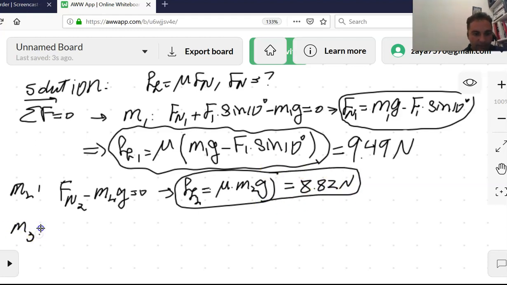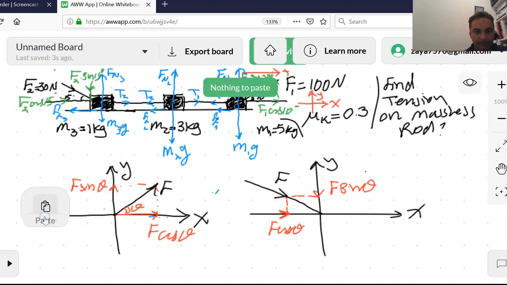What about for M3? If you take a look, guys, watch it please. How many forces do I have on the y-axis here? On the y-axis, I do have M3g down, Fn3 up, and F3 sine of 15 down.